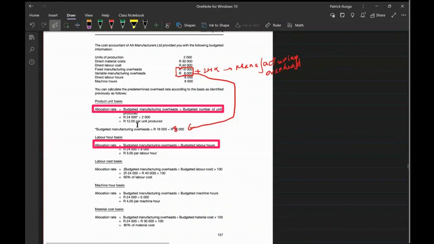All right, but we understand now the 24,000 divided by 2,000, because we budgeted 2,000 units. So 24,000 divided by 2,000 units gives us the rand amount, 12 rand per unit produced. This is what the allocation rate is.